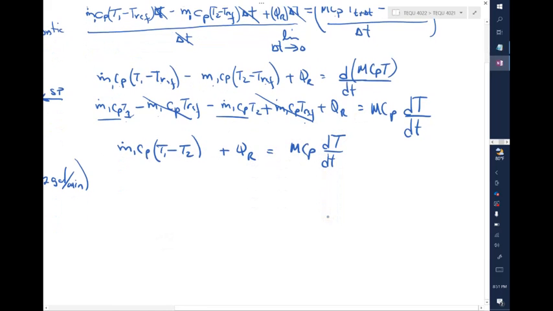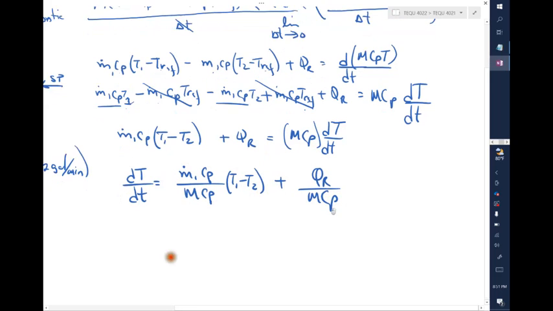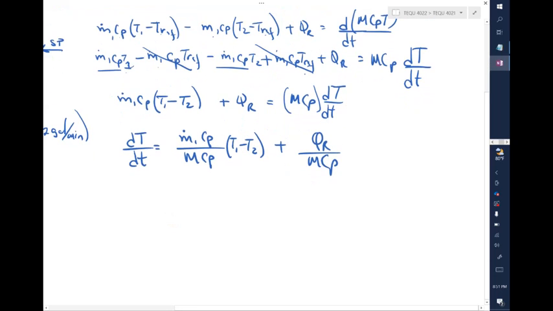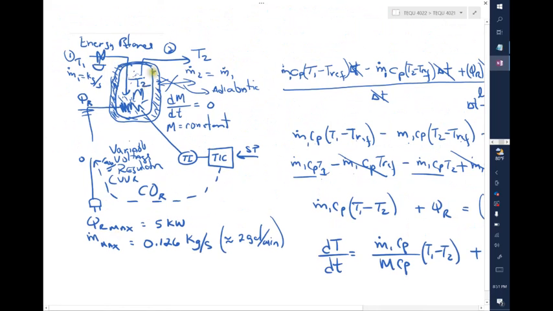Now let's divide by mCp to make life easier. We end up with M1 Cp over mCp times T1 minus T2, plus QR over mCp. You see, that's the differential equation for how the temperature changes within this vessel with inlet, outlet, and a resistance.